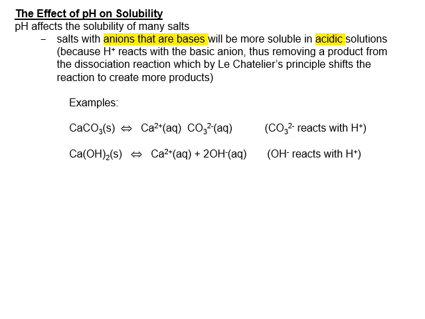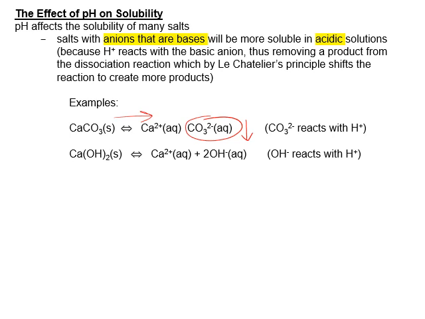For example, calcium carbonate dissociates into calcium ions and carbonate ions. If we add acid to this system, the acid will react with the basic carbonate ions, causing their concentration to go down. When you remove a product from a reaction at equilibrium, you will drive it more towards products.